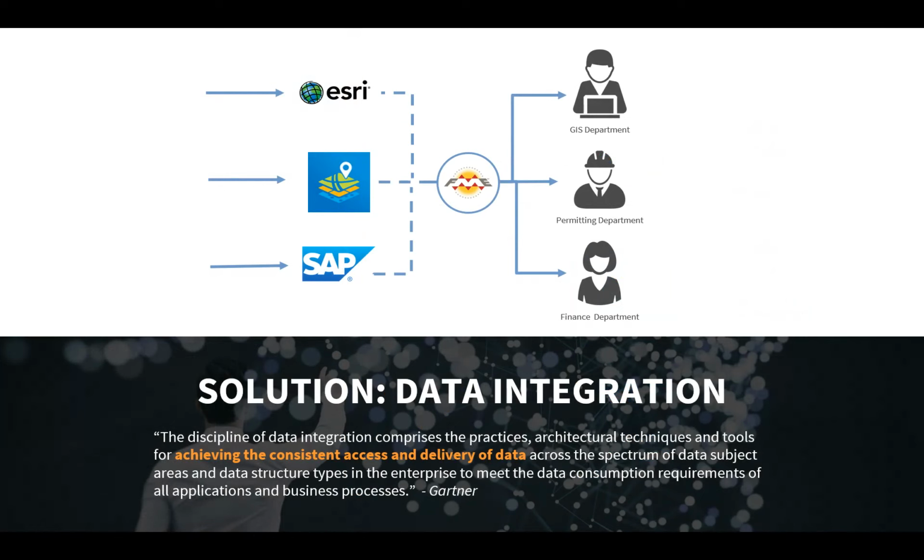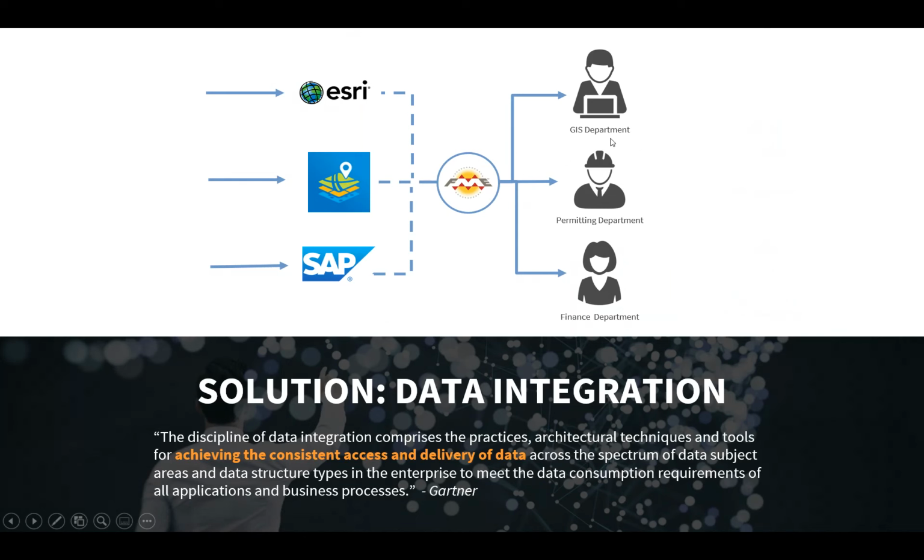So the solution is data integration, and that's where FME comes in. FME as a software can ingest data from Esri, it can ingest CAD data, it can ingest raster data, it can ingest Excel, all kinds of data, SAP, for example, and transform it, manipulate it, automate it, and then it can become more usable for everyone.